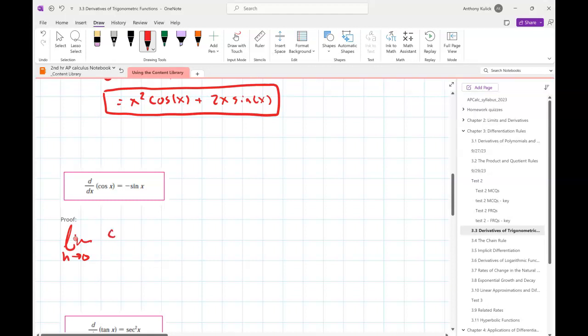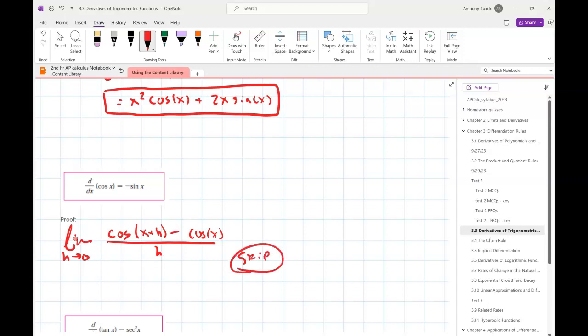So we'd have cosine of x plus h minus cosine x, over h. Do you really want to do this again? It's kind of the same thing, right? We'll just skip it. That's fine. But that's how you would do it. It just is tedious.